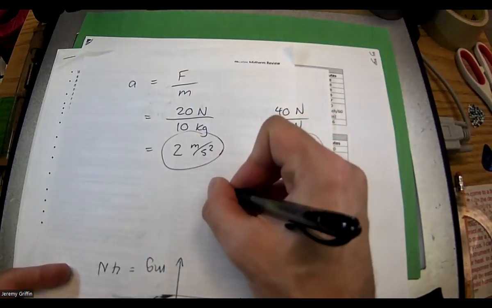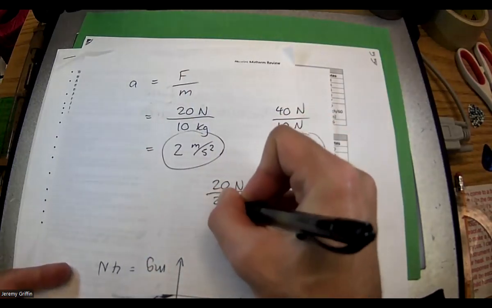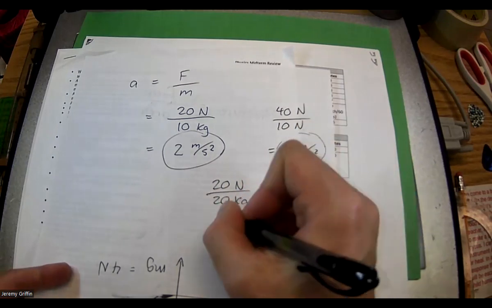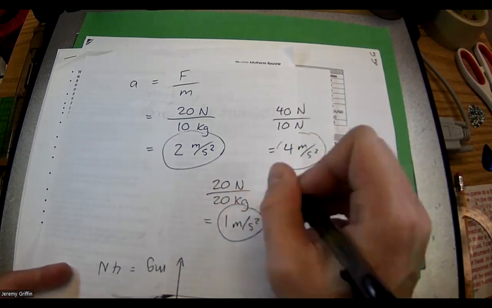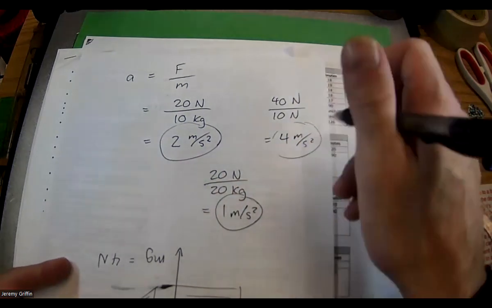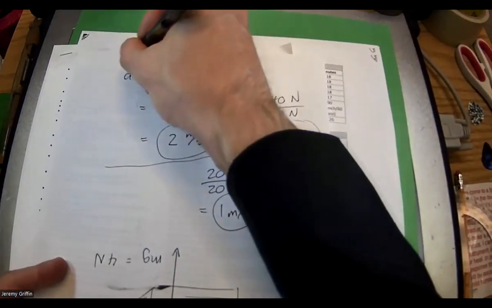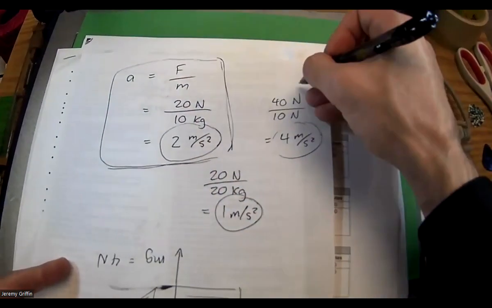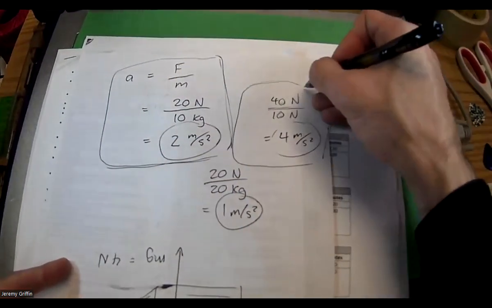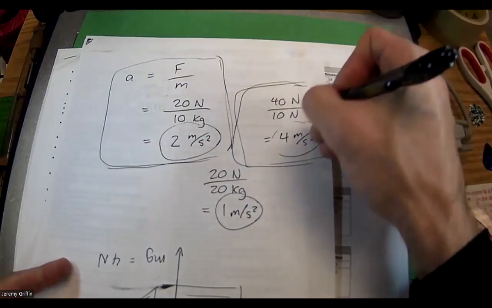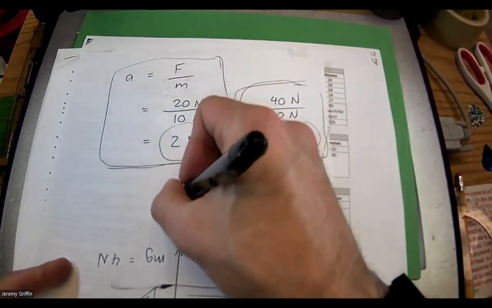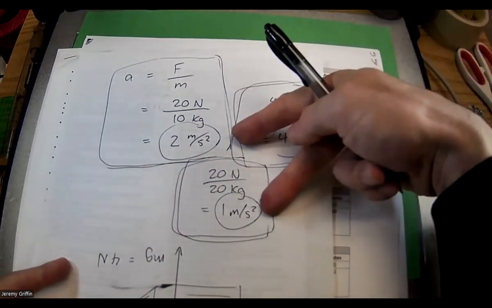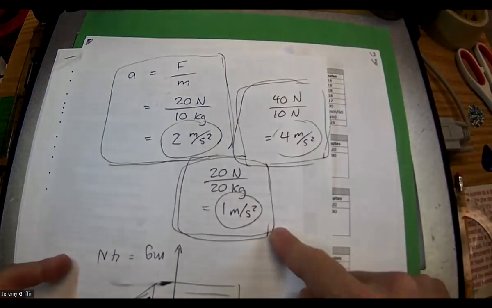So I'm doing the same 20 newtons, but now it's on 20 kilograms. I'm starting to fill up the cart. It's now going to be 1 meter per second squared. So here's the original example. Here's doubling the force produces double the acceleration. And here's instead, leave the force the same but double the mass, you're going to get half the original acceleration.